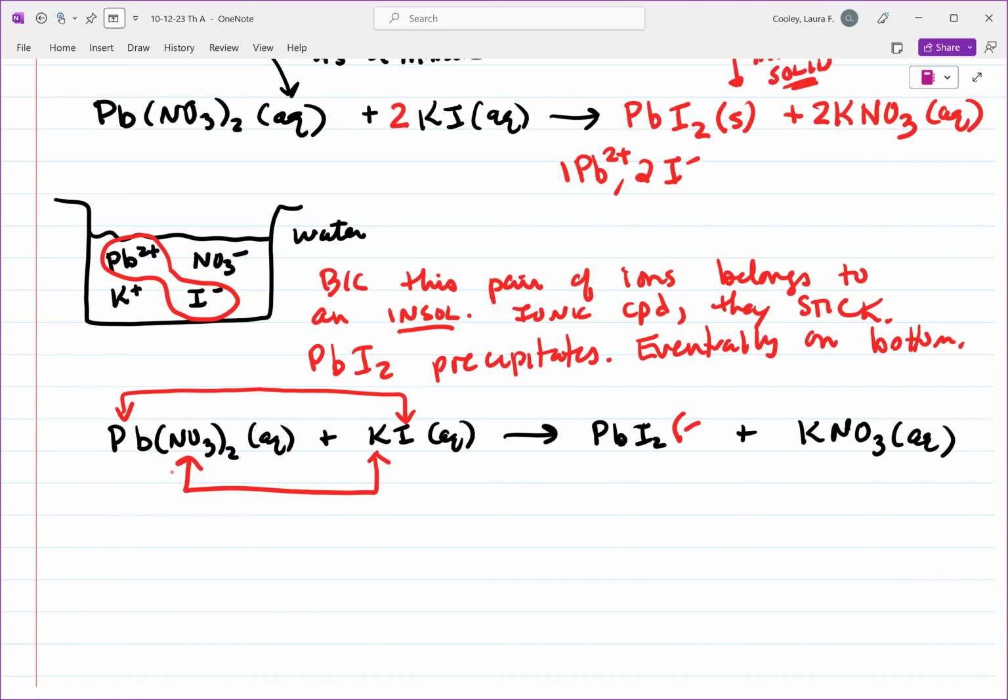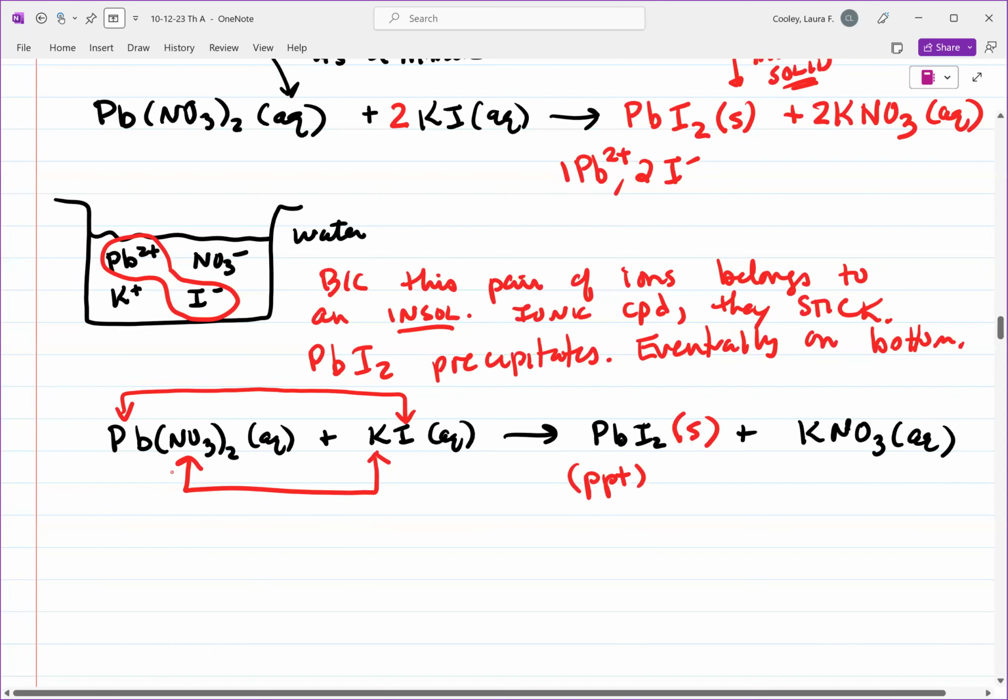We found out that lead iodide is solid, and so that's the precipitate. Okay, we write the other product as the other two ions, the potassium and the nitrate. But notice, just because there was a 2 here, you wouldn't put a 2 on the nitrate here. You need 1 potassium to balance 1 nitrate.